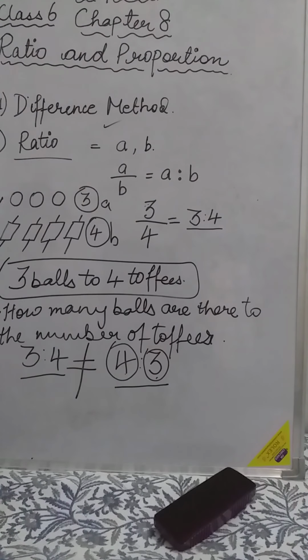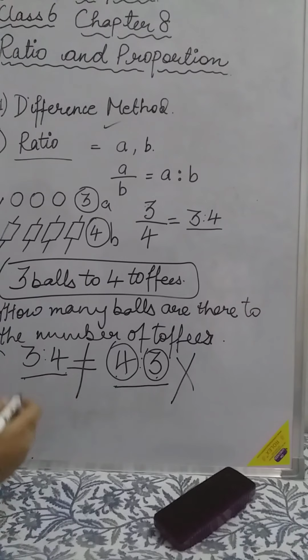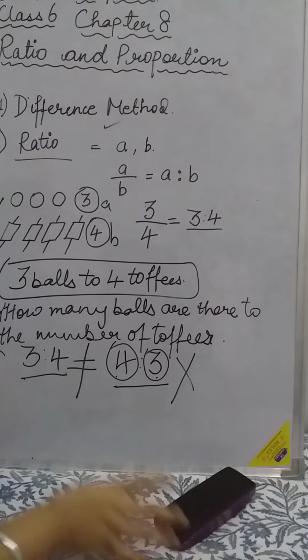They both have different identities. 3 is to 4 is different and 4 is to 3 is different. That's why order of the numbers given is very important, that you need to keep in mind. If for this question you write down 4 is to 3, you are going to get a wrong answer. Your answer is going to be 3 is to 4.